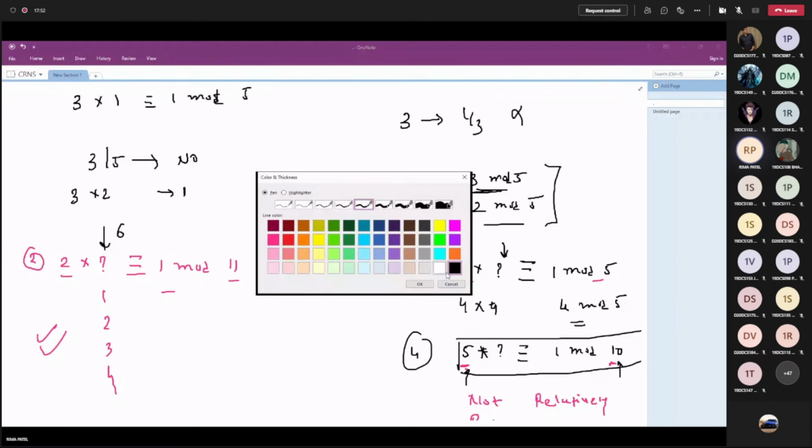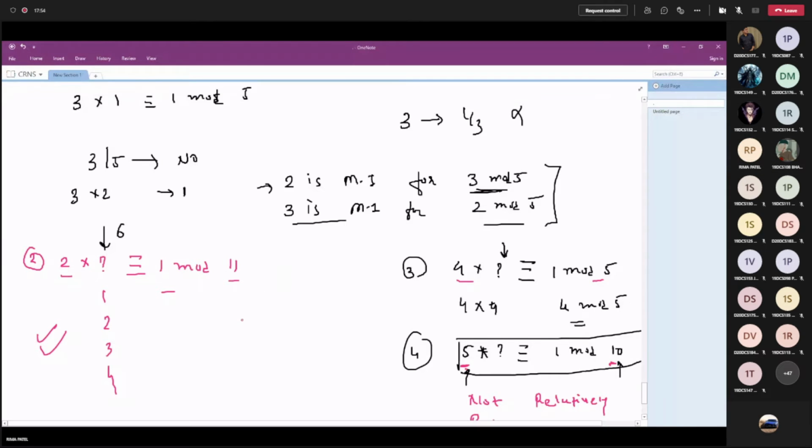What do you mean by relatively prime? Let's say GCD of 5 and 10 is not equal to 1. If this is the condition, then you are not going to get the multiplicative inverse for this equation.